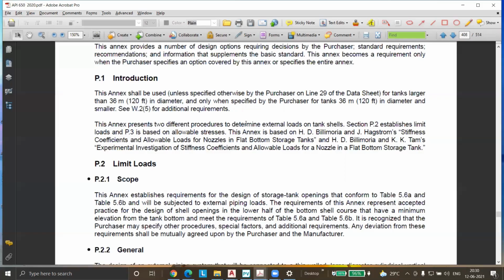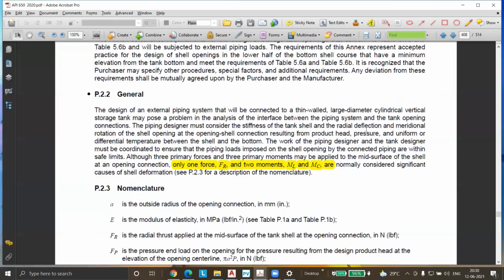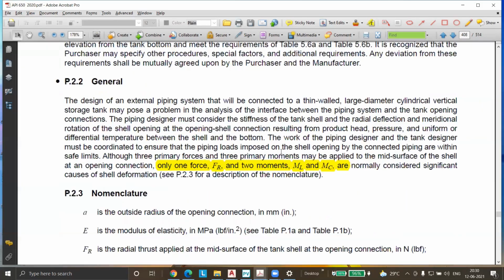So if you see here, there are normally three forces and three moments. You might have seen in the drawing also. The three primary forces will be there and three moments will be there. But mainly the radial force and the longitudinal and circumferential moments, these three are important.